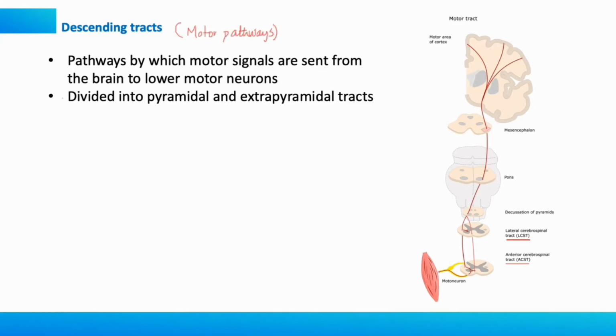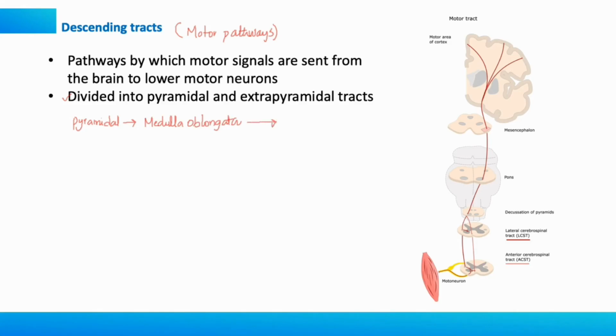These motor pathways are divided into both pyramidal and extrapyramidal tracts. When I say a pyramidal tract, the tracts that decussate in the pyramids of the medulla oblongata. So any descending tract which is passing through the medullary pyramids, these tracts are known as pyramidal tracts.